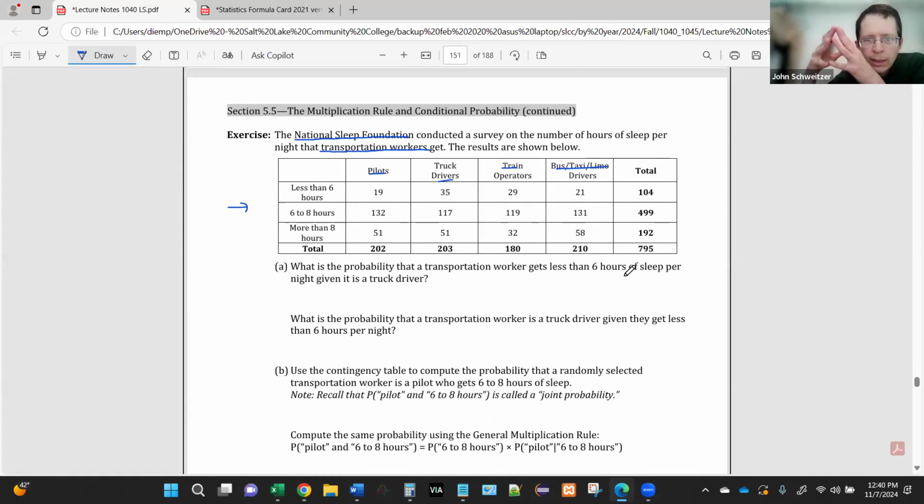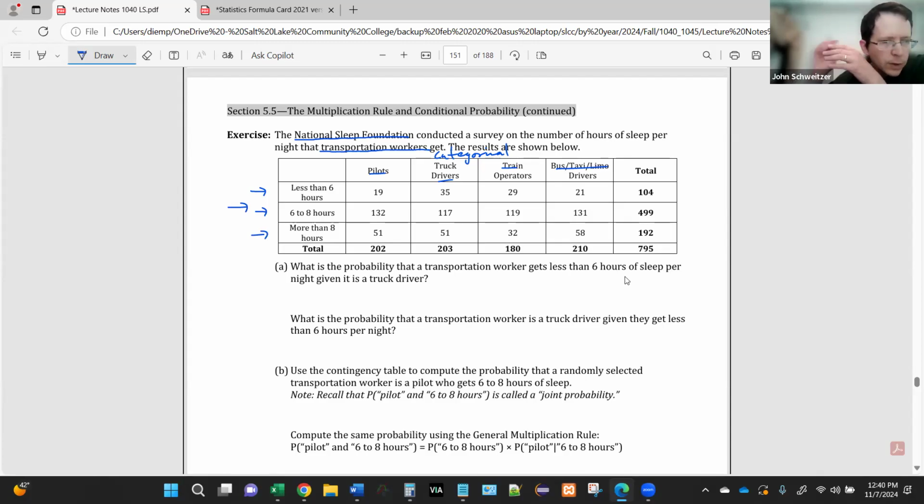And so we've got sector of the transportation industry. That's a categorical variable up on top, the column variable. And then for the row variable, we've grouped or binned sleep into three different categories, right? We have the people who are probably not getting enough, less than 6, people who are getting adequate sleep, and then a third group of people who are getting the recommended amount.